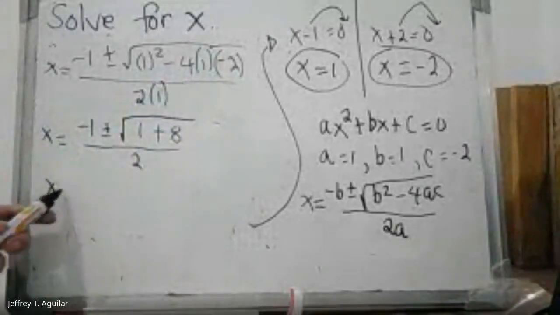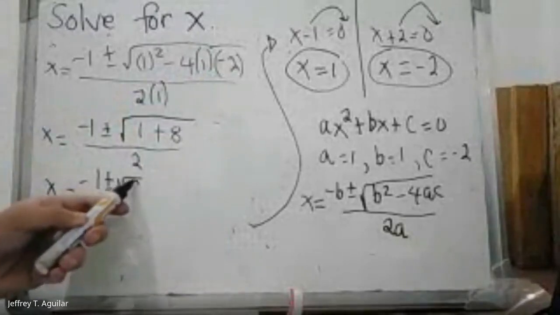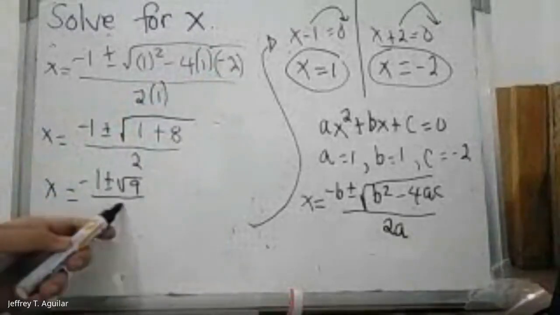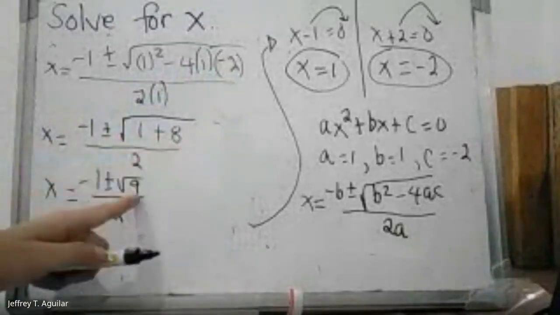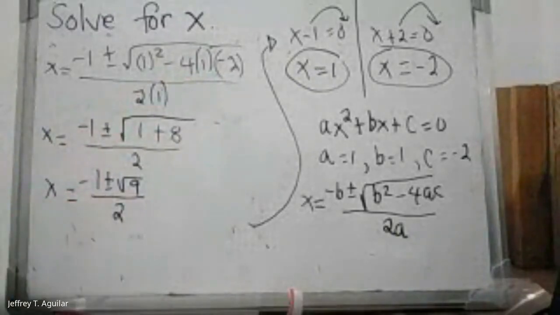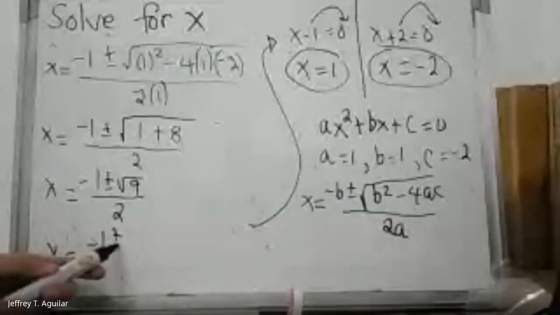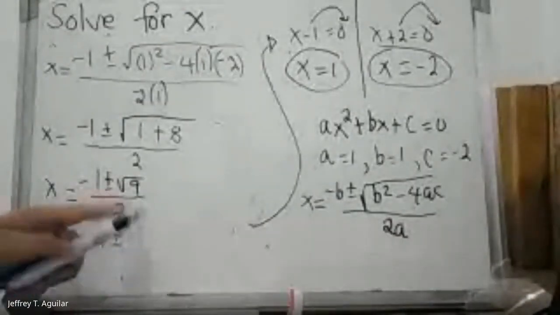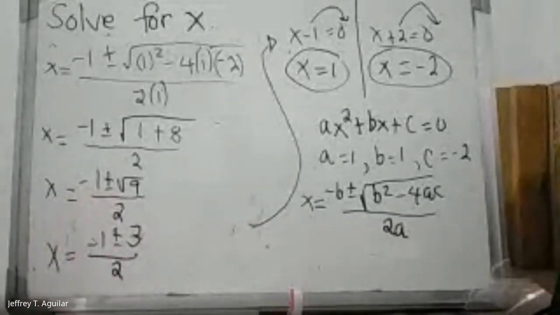Simplify, so x is equal to -1 plus minus square root of 9 over 2. Why 9? It's actually 1 plus 8, that's 9. Copy -1, copy plus minus over 2. But what is square root of 9? Square root of 9 is 3, so -1 plus minus 3 over 2.